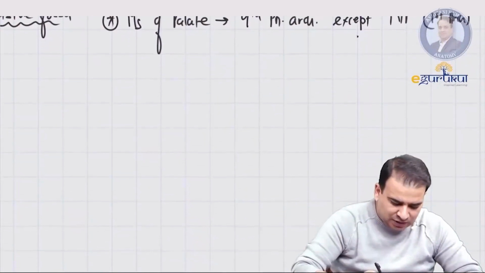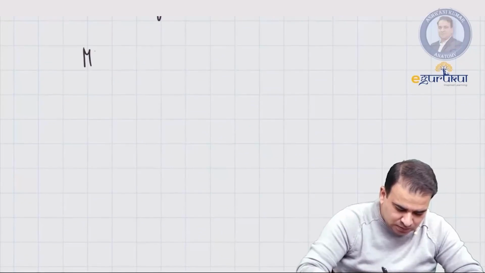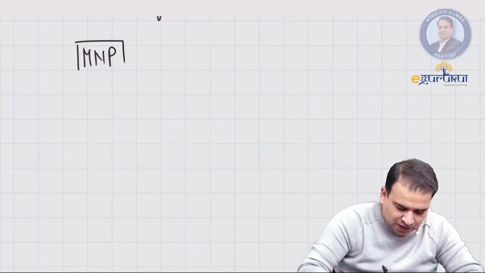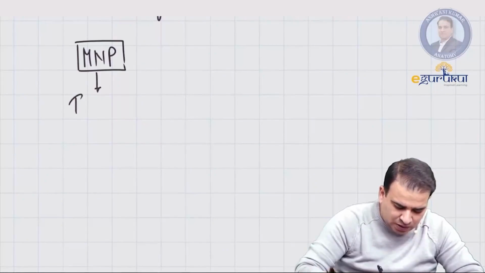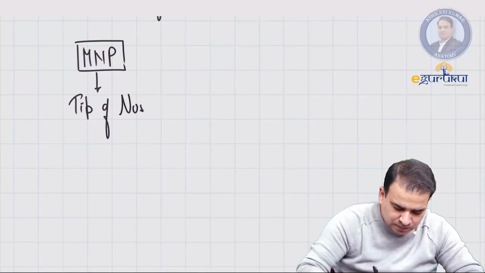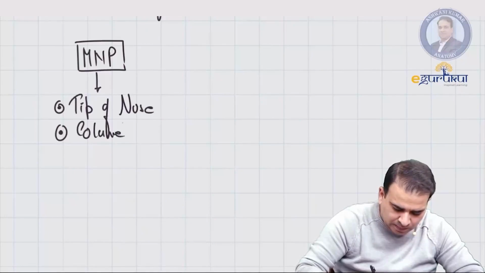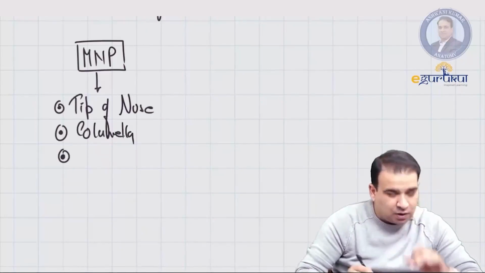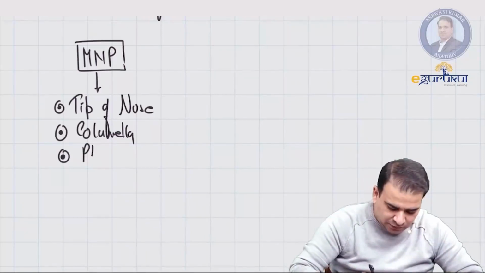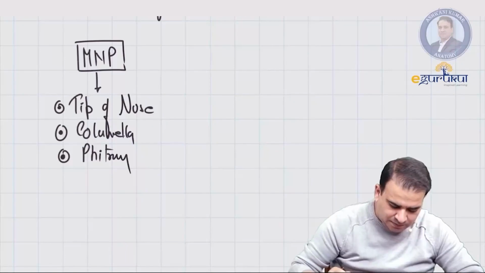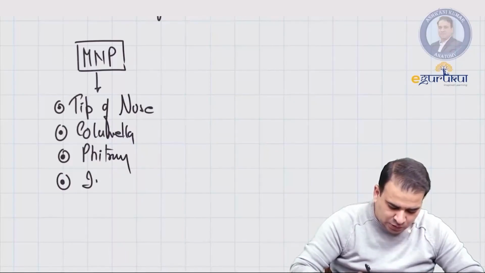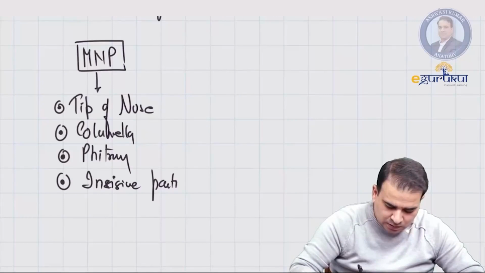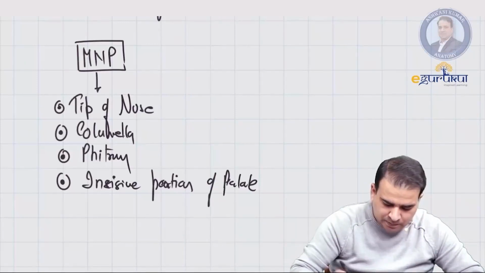So if I just have to write down the derivatives of the medial nasal process, let us say if the question is asked, what are the derivatives of the medial nasal process? That will include the tip of the nose, the columella, the philtrum of the upper lip, and the incisive portion of the palate.